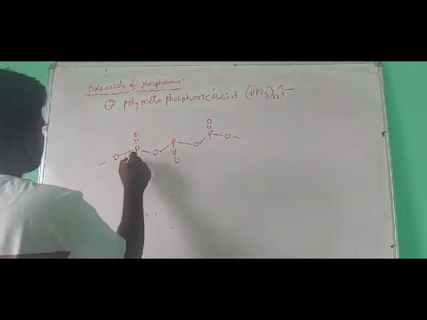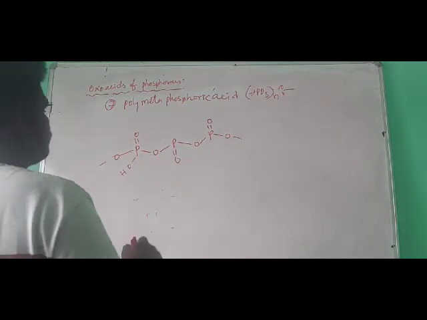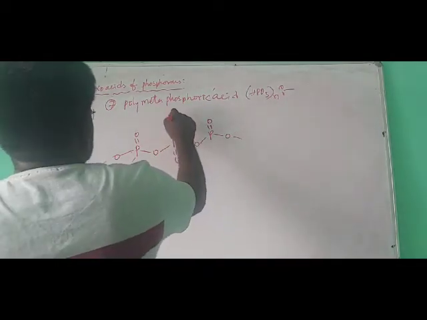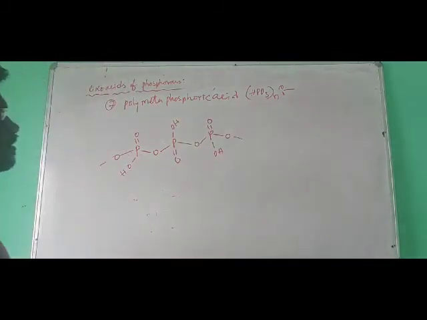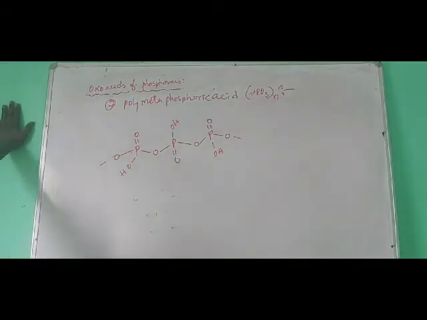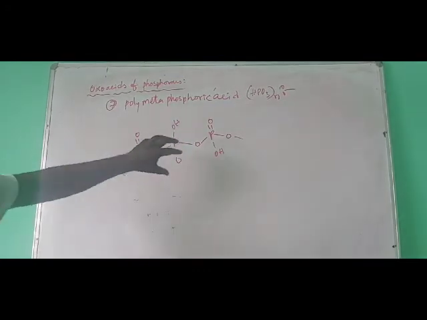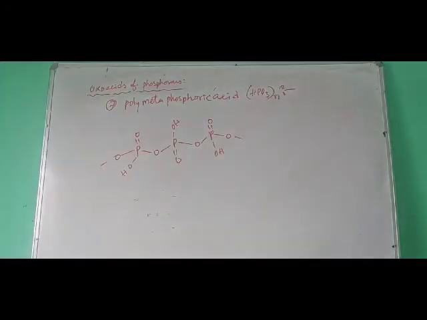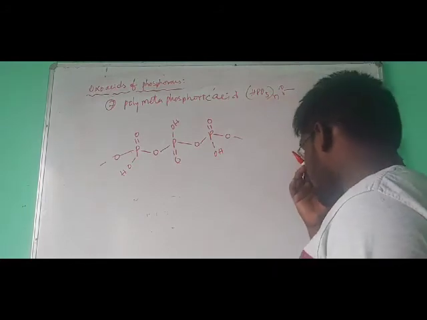Next one, OH. So this is the structure of the polymetaphosphoric acid. So now again here same unit will be repeated from here onwards, and same unit will be repeated guys. Now here from this one we can write the number of types of bonds.